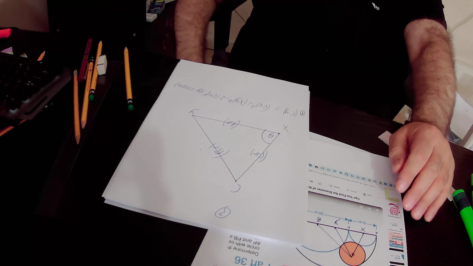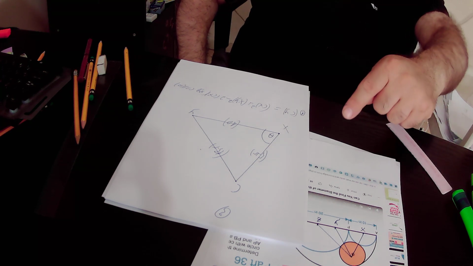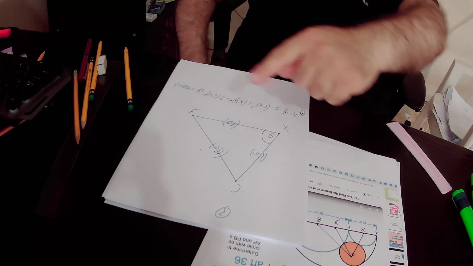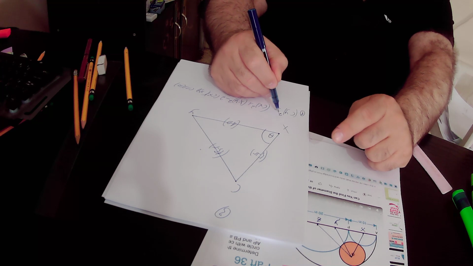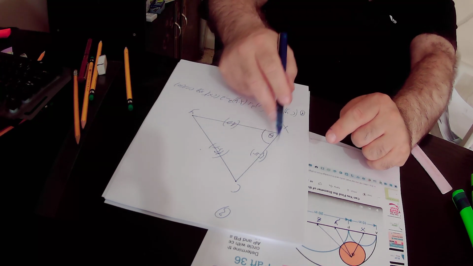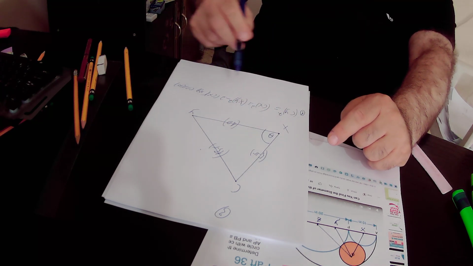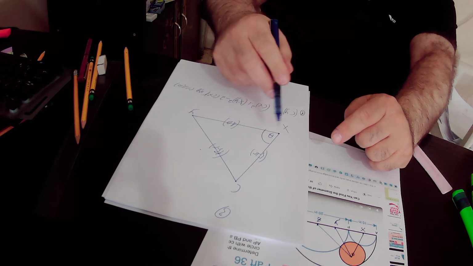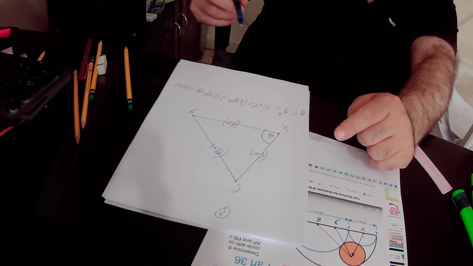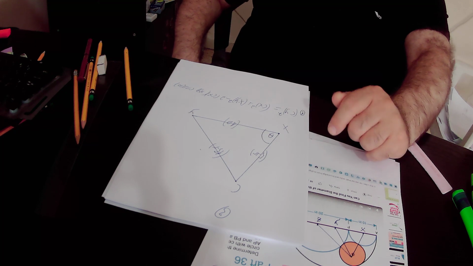Okay, according to the law of cosines, CY squared must be equal to CX squared plus XY squared minus 2 times CX times XY times cosine theta.